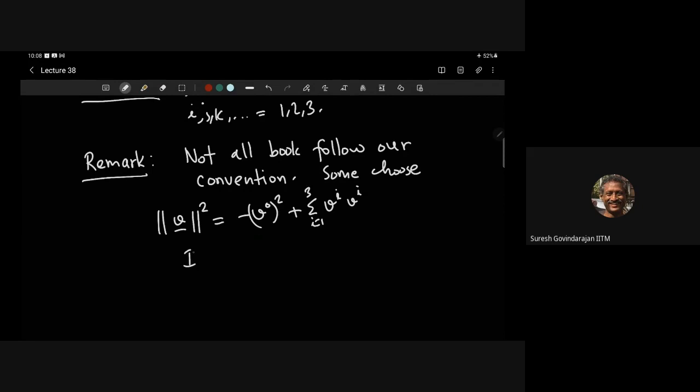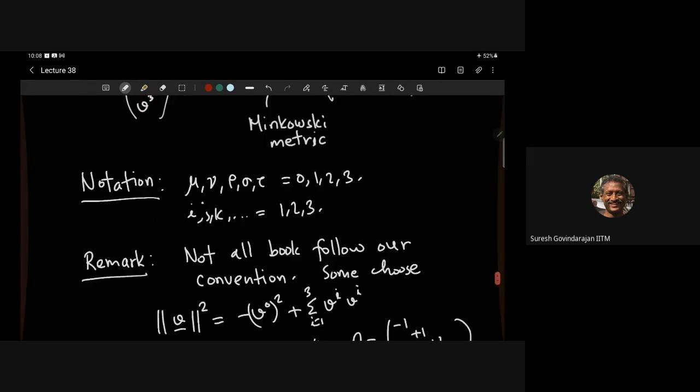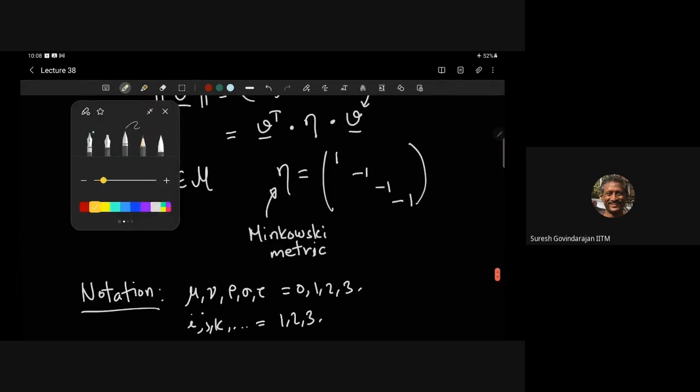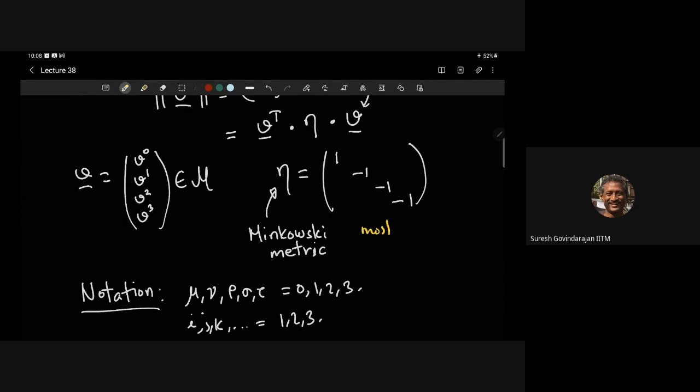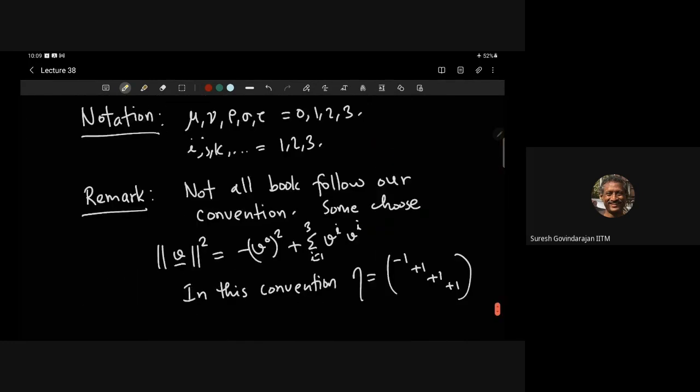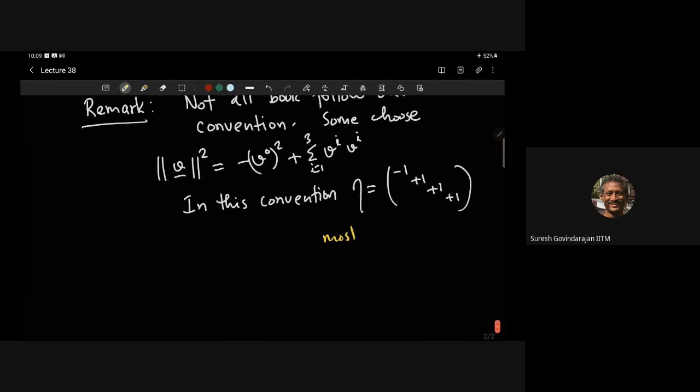In this convention, the Minkowski metric is minus 1, plus 1, plus 1, plus 1, diagonal. There's a simple way of remembering this: we say ours is the mostly minus convention, and this one is mostly plus.